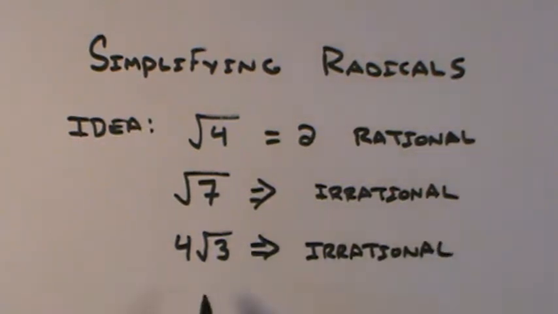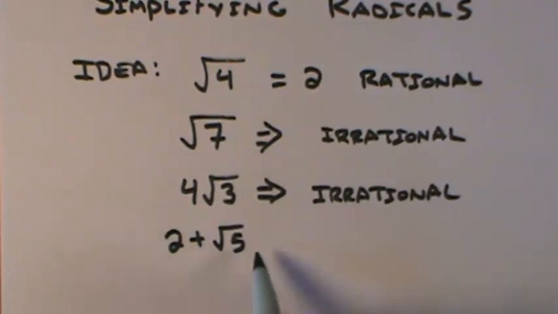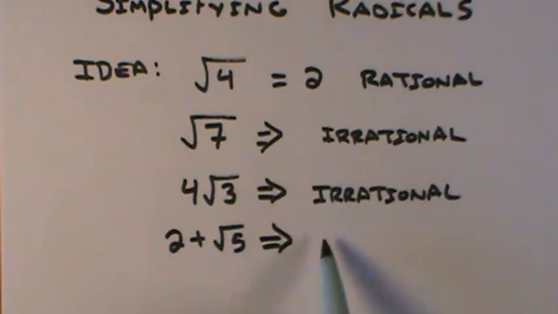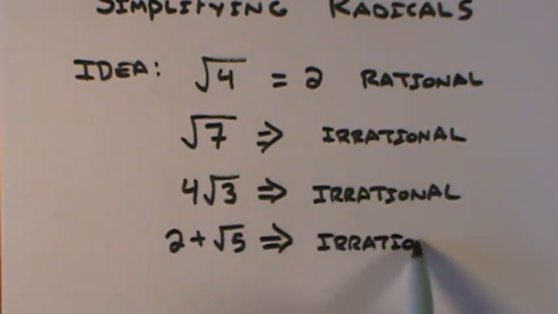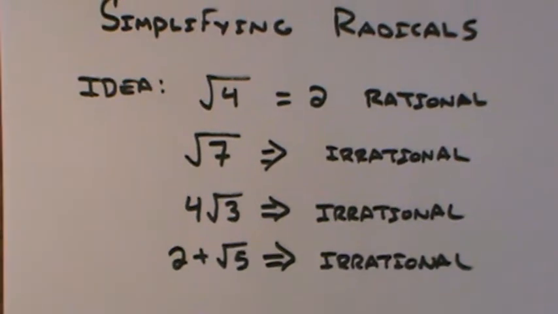If I did 2 plus square root 5, because that square root 5 cannot be broken down, that puts you into the irrational category. So anytime you have a radical that cannot be broken down to where it disappears, you are an irrational number. Okay?